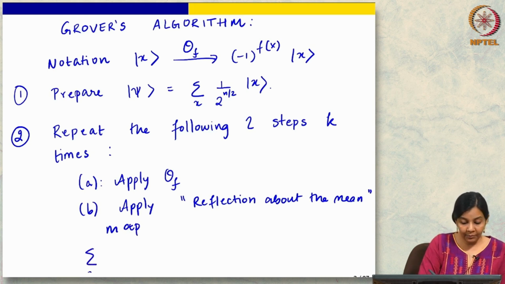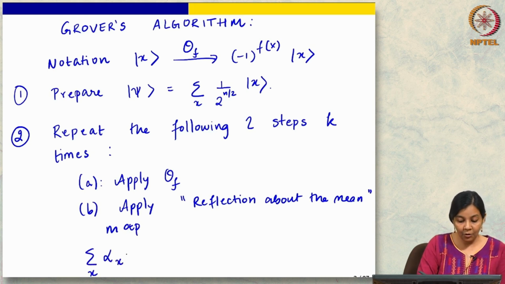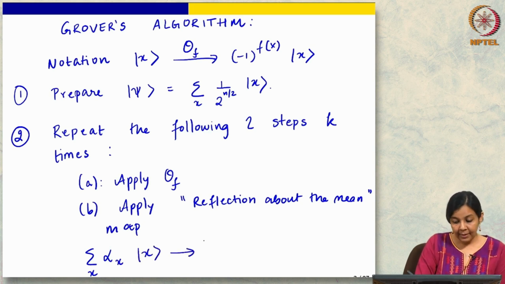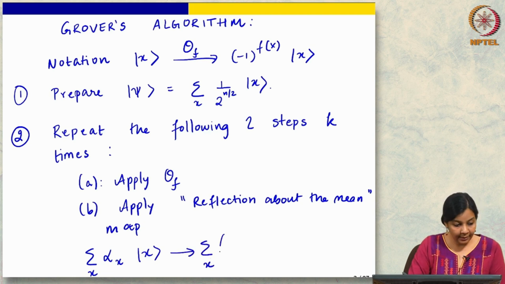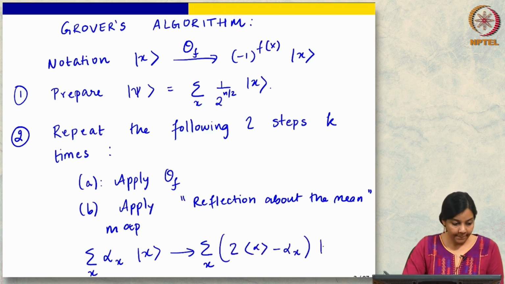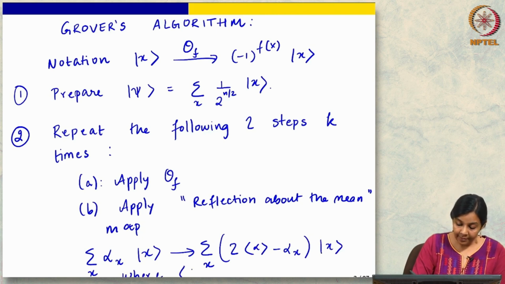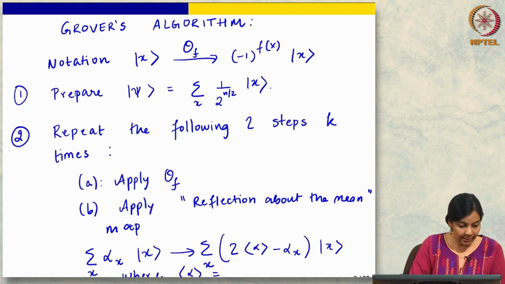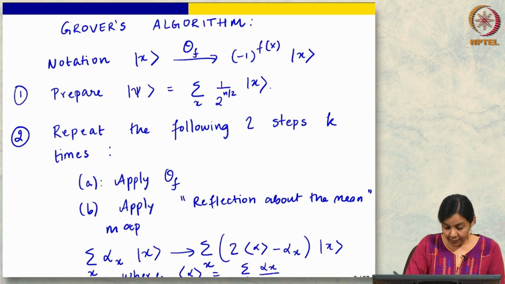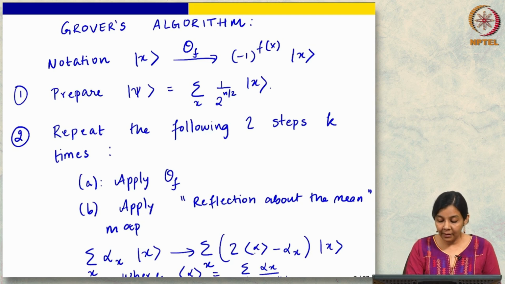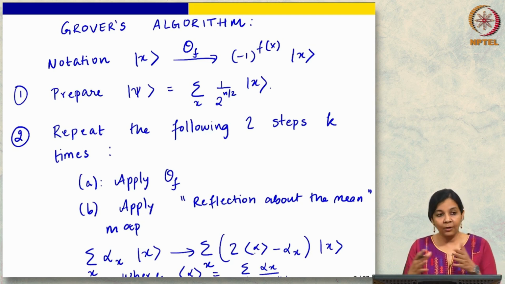So, in particular, what this map does is that if I have some summation over x of alpha x, it converts this to a summation over x of 2 alpha minus alpha x, where I define this alpha within these brackets as the mean of all amplitudes.